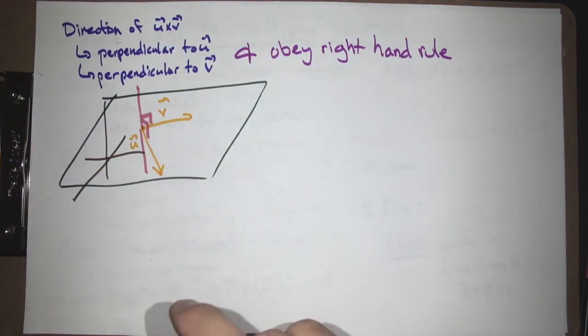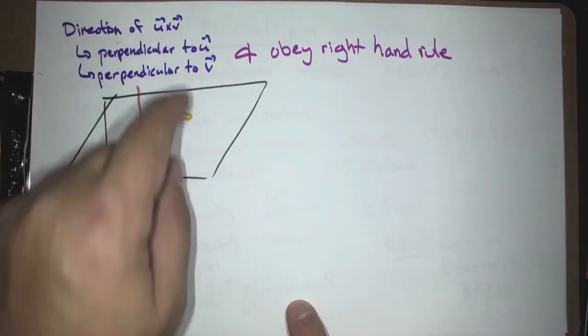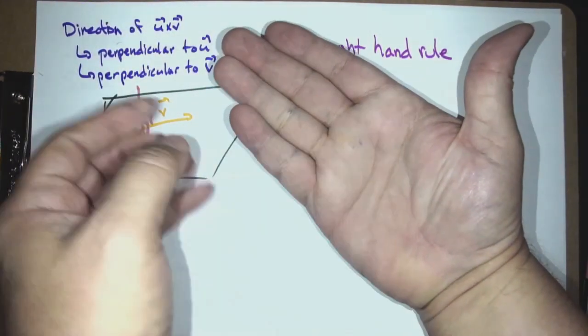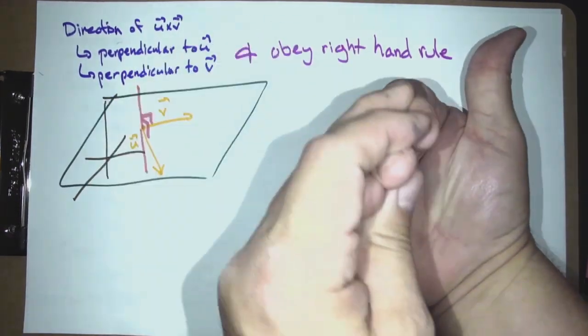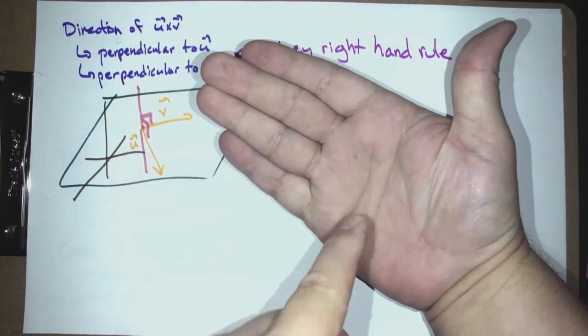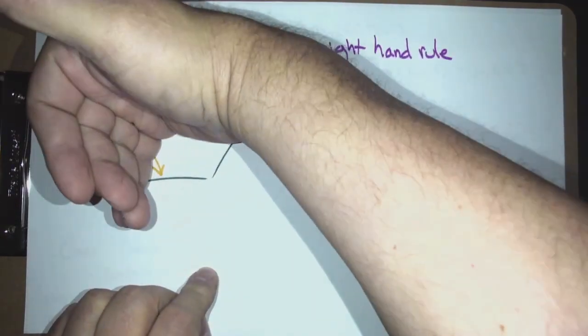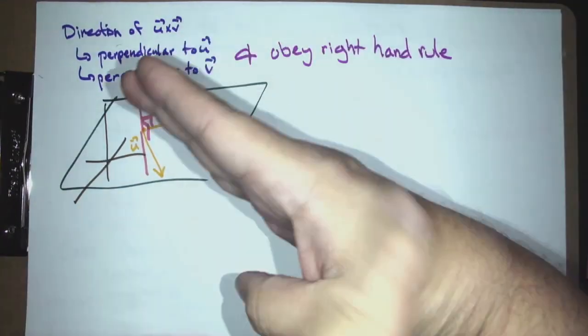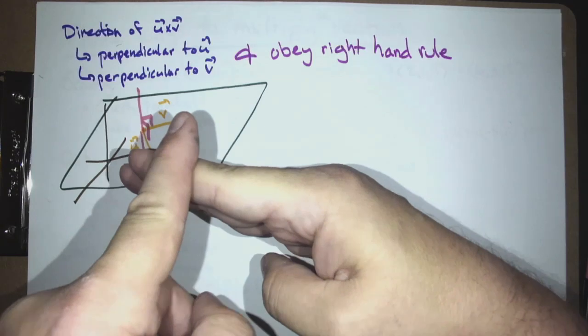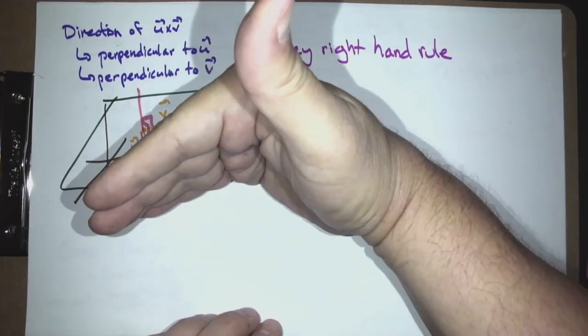The idea is, when you're doing U cross V, you see how your hand has this bendy part? You have to imagine that these finger parts go where U goes. This is where U is, this is where V is, and you want to be able to close your hand.